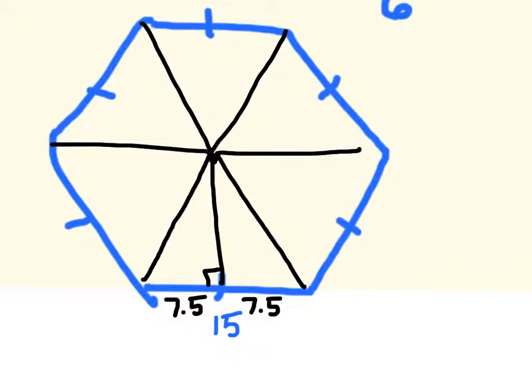Okay, well, let's think about this. Is there a way that we can find out the measure of some of these angles in here? Well, within those dots, it looks like I kind of made a circle. So here's a circle, and if I divide it by 6, 1, 2, 3, 4, 5, 6, I can find the measure of all those different angles. So 360 divided by 6 is going to be 60.